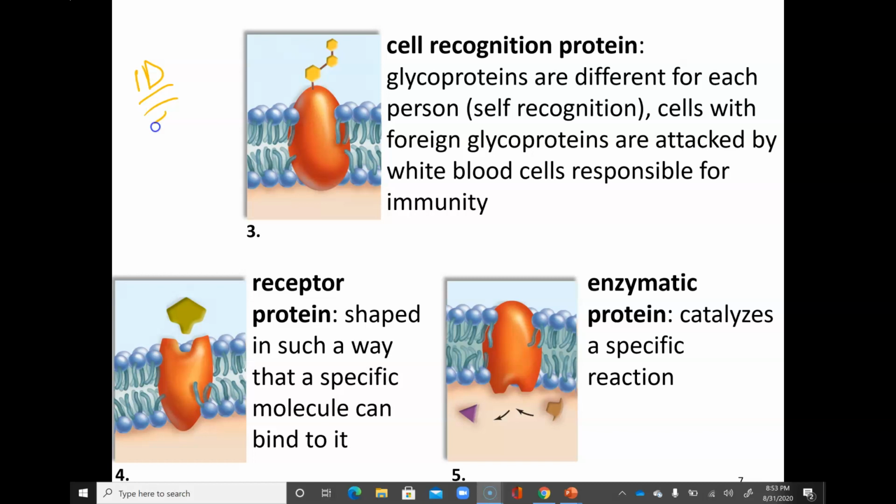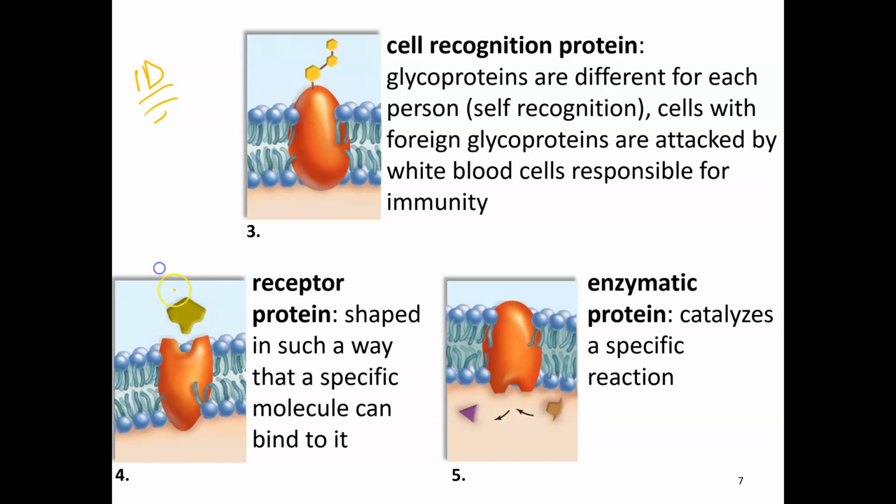Then we have receptor proteins. Receptor proteins are proteins that allow molecules to bind, and they might change different activities within the cell. So an example of a receptor protein would be a receptor that binds human growth hormone.